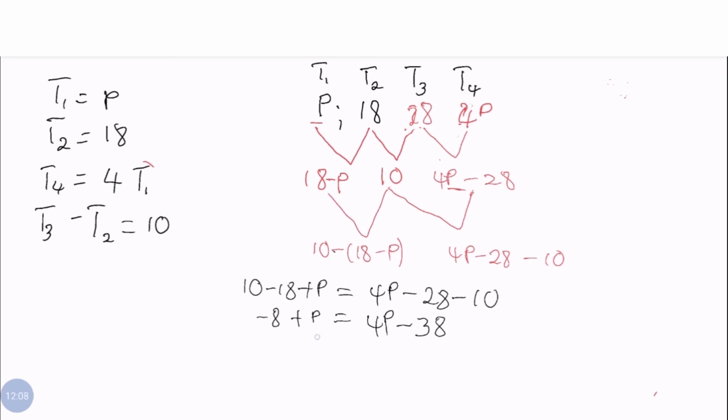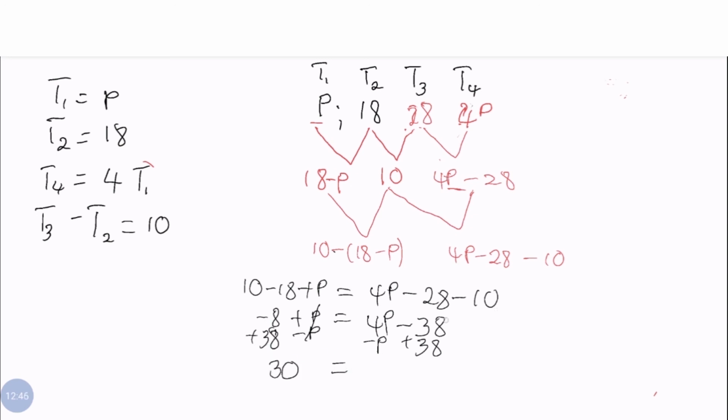So now let us take P to the other side. We'll subtract P here, subtract P here. So this cancels, and then we take the negative 38 from the right hand side to the left hand side. We will add 38 here and add 38 here as well, such that negative 8 plus 38 is equal to 30.